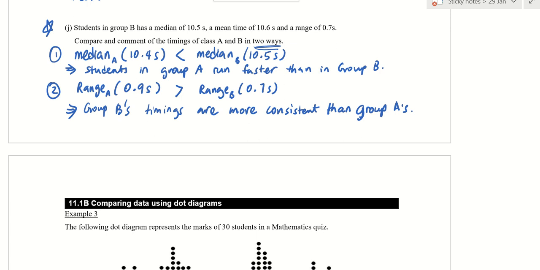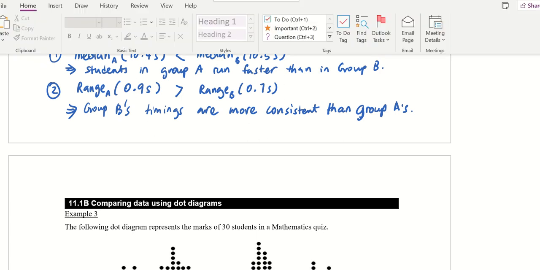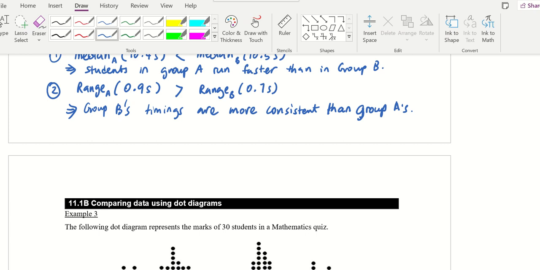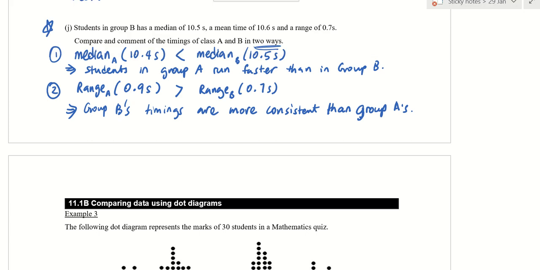Okay, so just a note. Consistent is opposite of spread out. Use range.